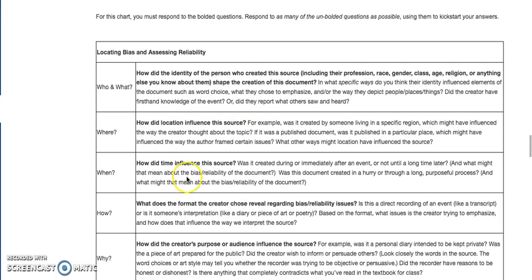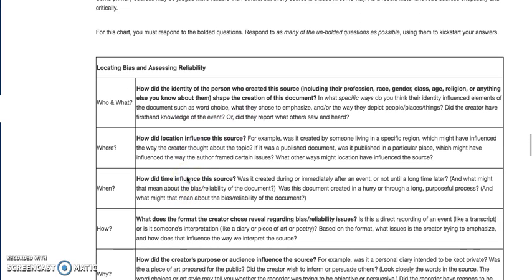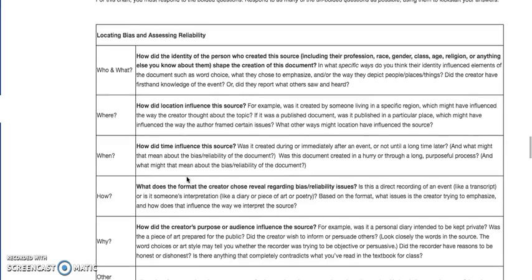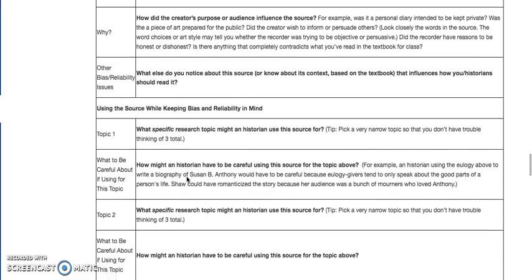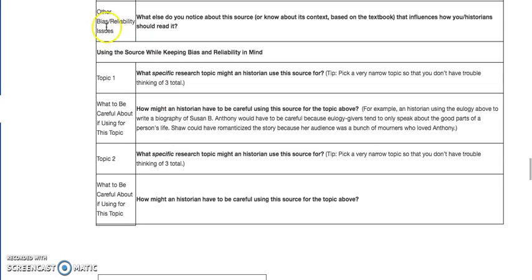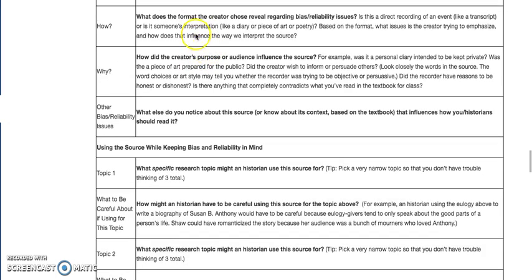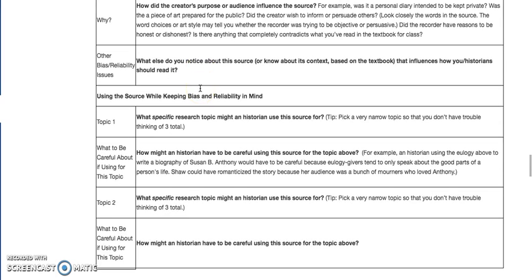Then you'll do the same thing for all of these other questions. Answer as many of them as you possibly can based on the source at hand. So that's the first step. Here in this other bias and reliability issues, that's the space where you should put anything that doesn't fit up here. Don't do N/A. You can always find something.